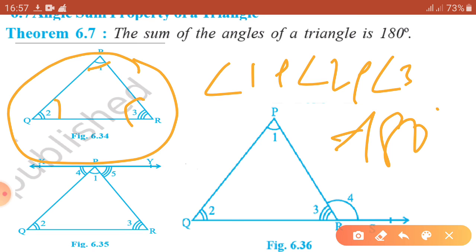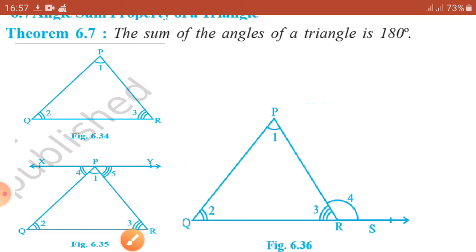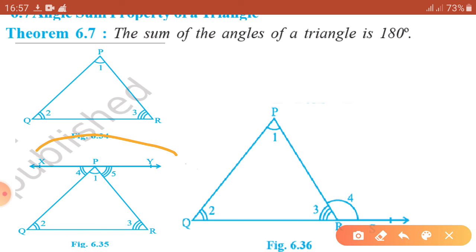Okay, so to prove it, let us draw a line XPY parallel to QR through the opposite vertex P as shown in figure 6.35. Okay, here it is, so that we can use the property related to the parallel lines.